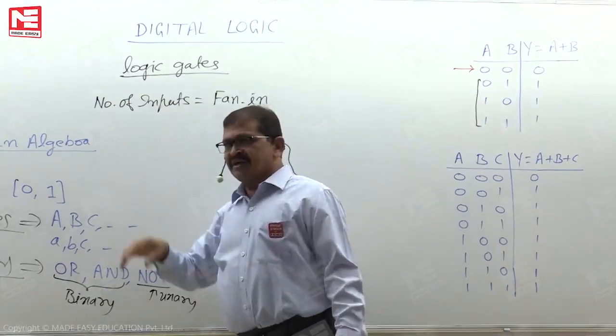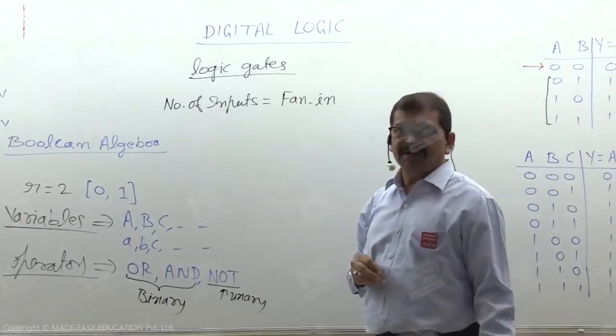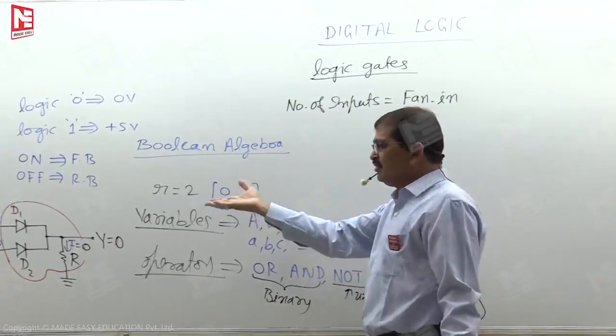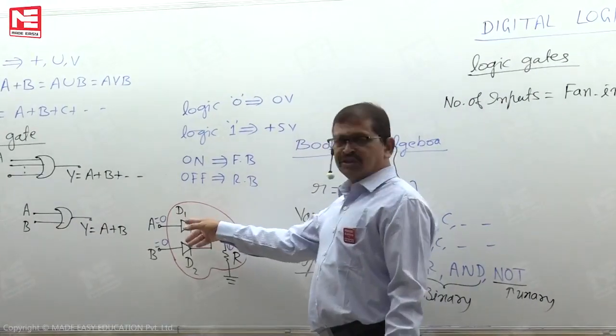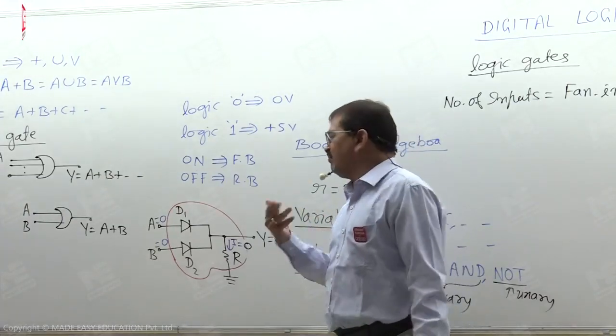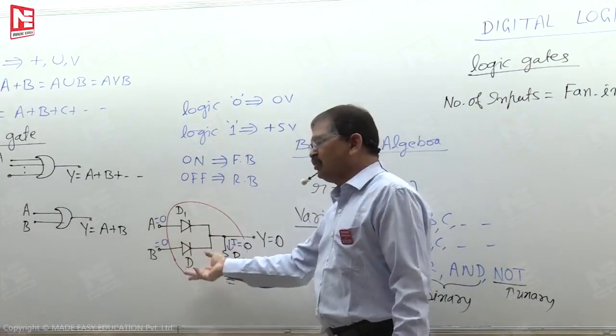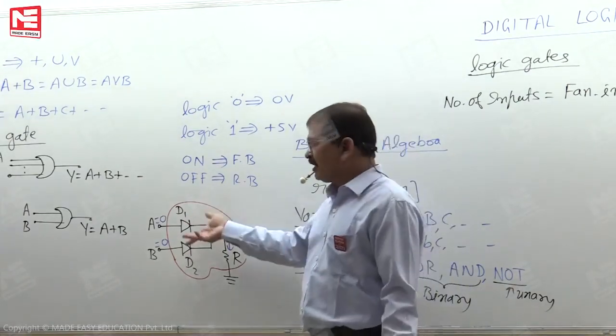And as a matter of interest, if you want a 3-input OR gate, you can say it easily based on this. For a 2-input OR gate, we have 2 diodes in the inside circuit. If we want an OR gate with 3 inputs, then definitely one more diode will come in parallel with D1 and D2. If we want 4 inputs, then 2 more diodes will come in parallel.